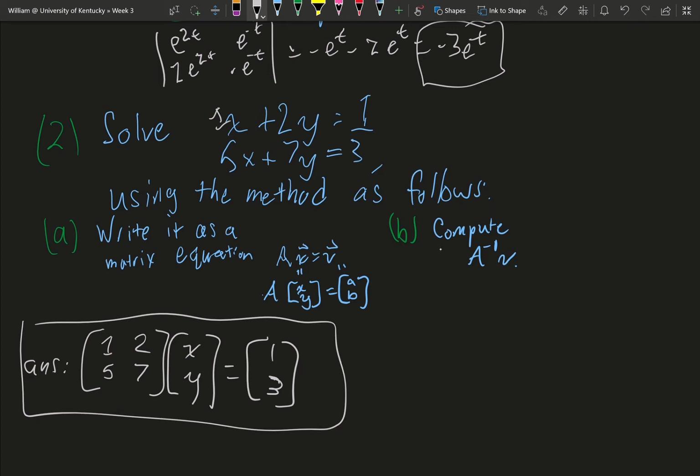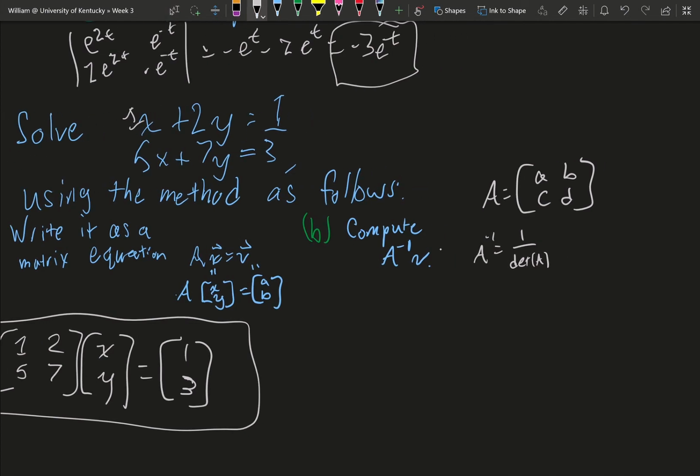For B over here, remember, if A is [a, b; c, d], then A inverse is 1 over the determinant of A times the matrix where you swap a and d, and you make b and c both negative.